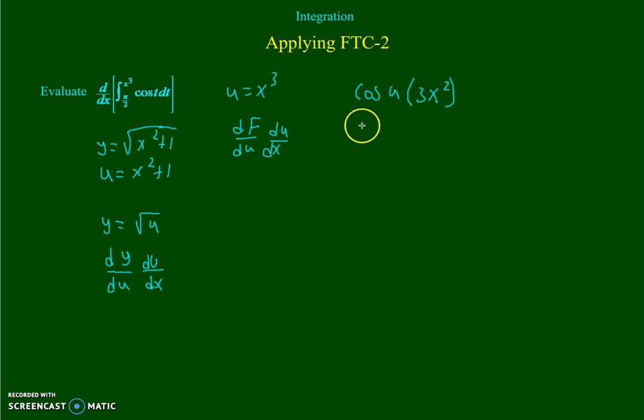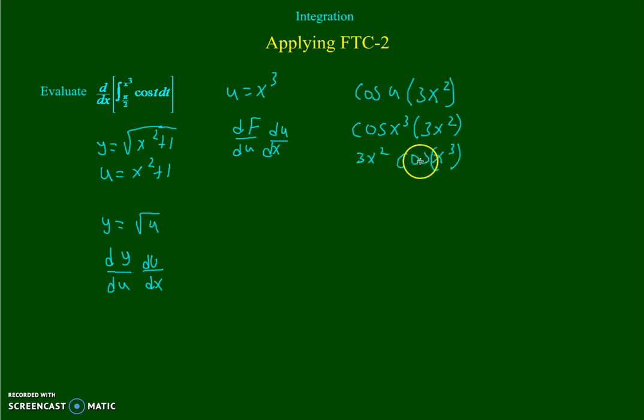Go ahead and back substitute now, and we have cosine of x to the third times 3x squared, which, simplifying that, becomes 3x squared cos x to the third.